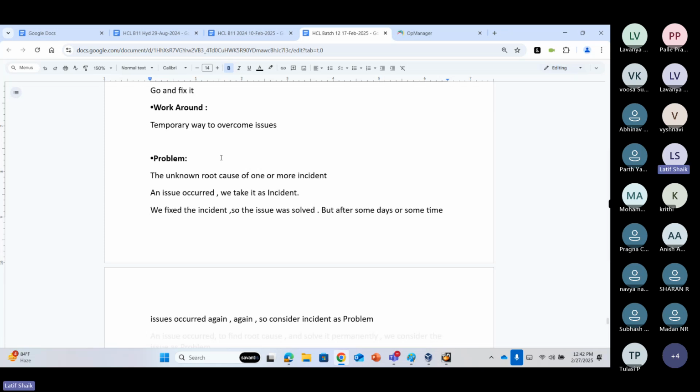An incident means one incident or multiple incidents occurring at the same time, like different incidents or connected incidents or similar types of incidents, or maybe incidents which we are connecting in different ways.